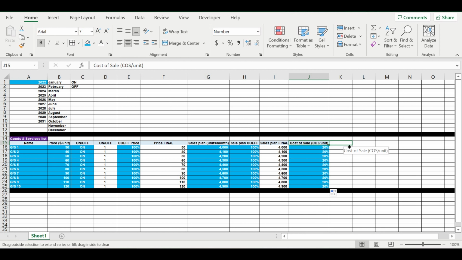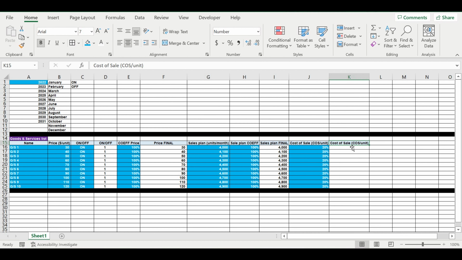Then cost of sales, then coefficient cost of sale coefficient.